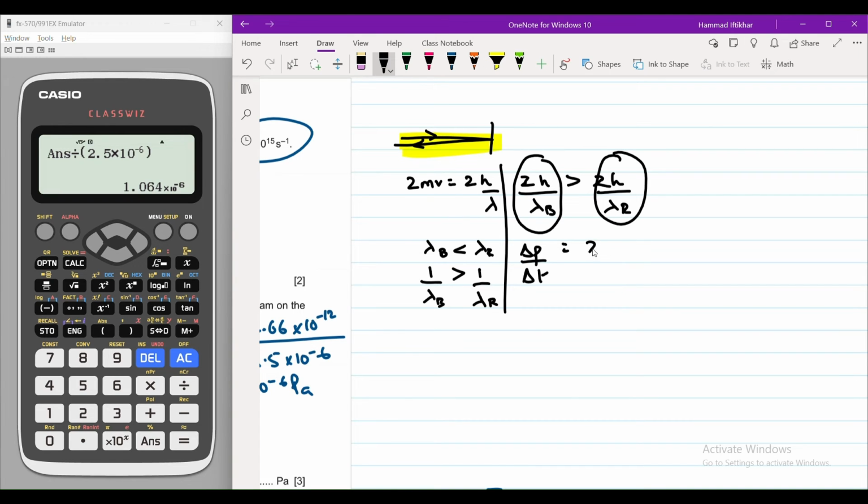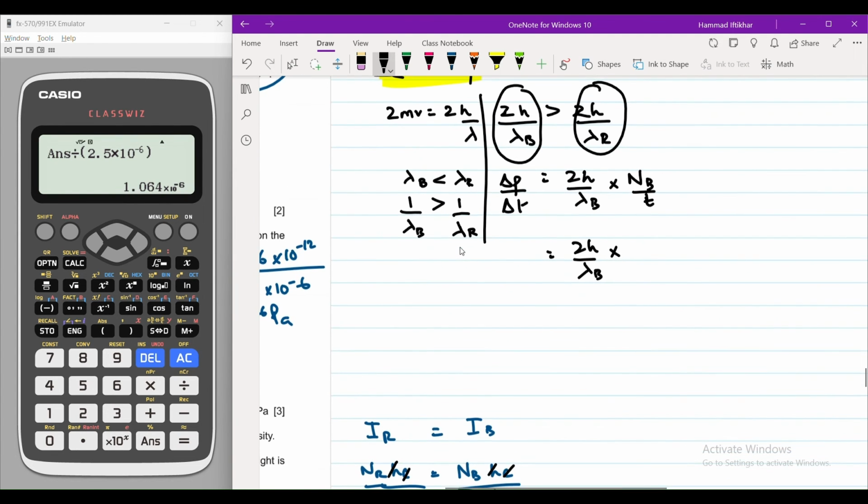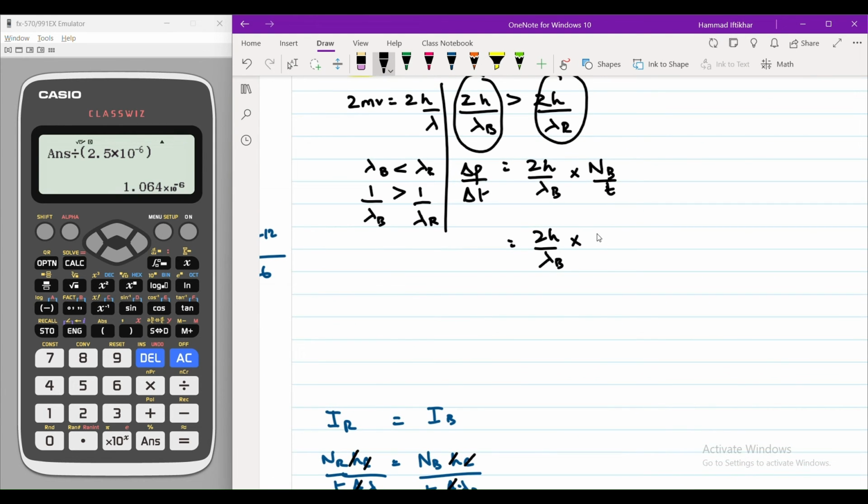So we did 2h over lambda b multiplied by nb over t, so basically we were doing the per unit time. When we take the ratio and cross multiply, nb becomes lambda b over lambda r times nr over t.